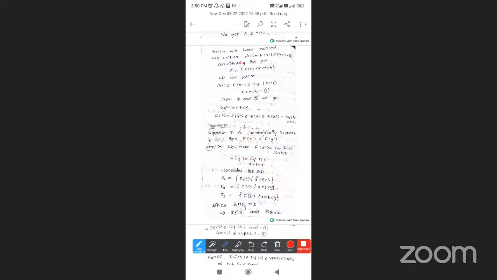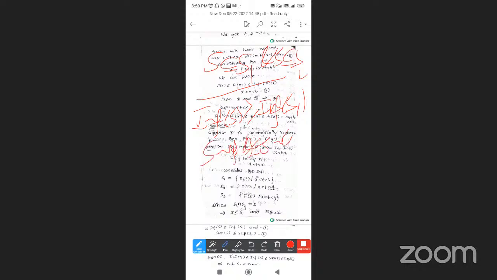So by the definition, since S is a subset of S1 and S is a subset of S2, the infimum of S is greater than or equal to the infimum of S1 and the supremum of S is less than or equal to the supremum of S2. In general, the infimum of S is less than or equal to the supremum of S. So the infimum of S1 is less than or equal to the infimum of S, less than or equal to the supremum of S, less than or equal to the supremum of S2.